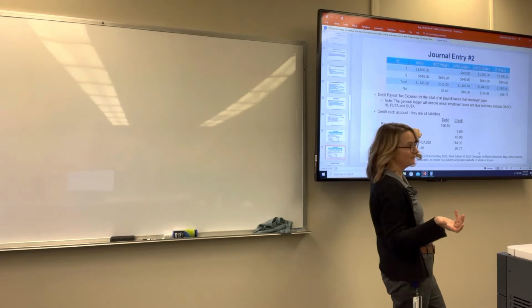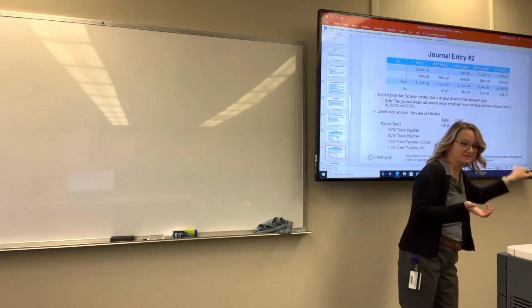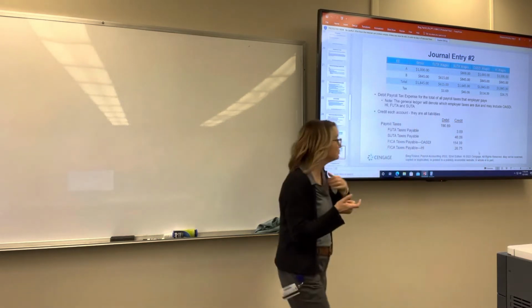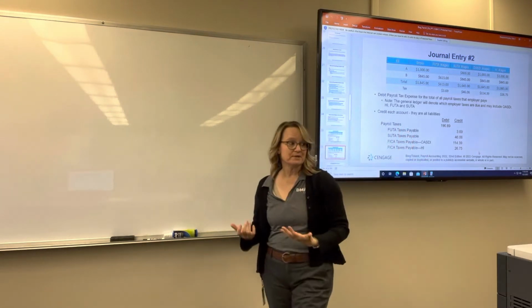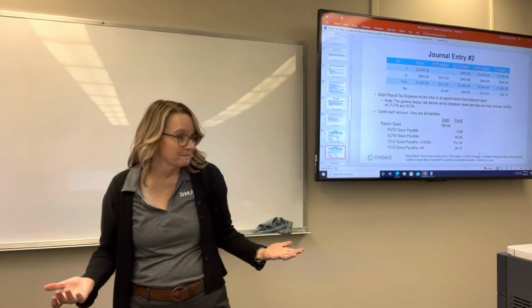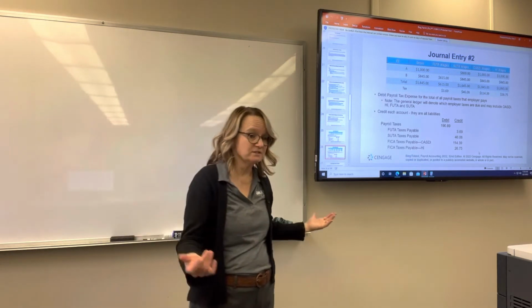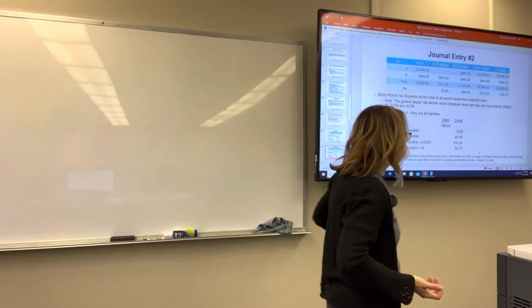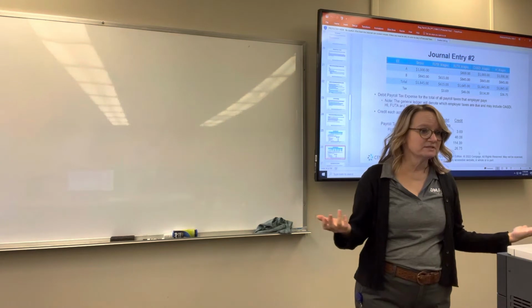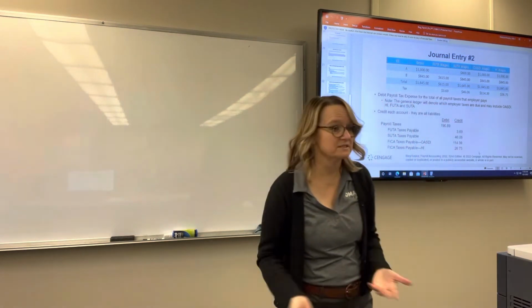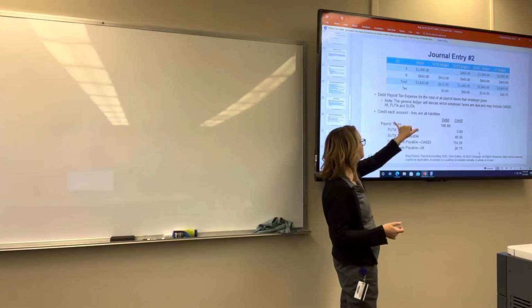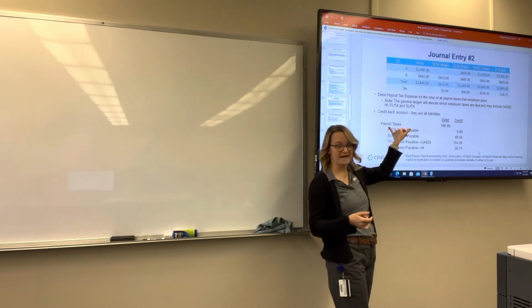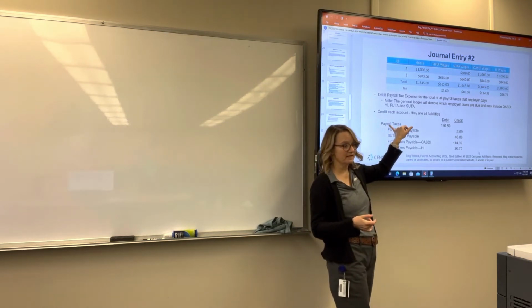So in real life, you could call it payroll taxes expense, but you do want to make sure that it says payroll taxes, because the company may have other taxes to pay, right? Sales taxes, property taxes, income taxes. It may have other types of taxes that it has to pay. So it's best to specifically state the type of tax here that is being paid.